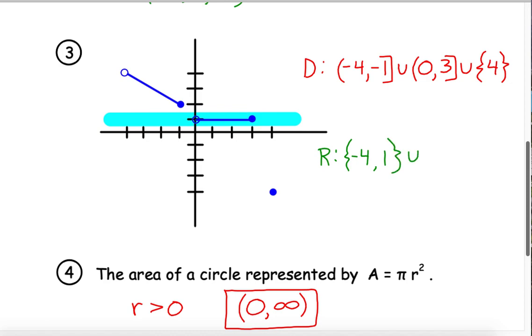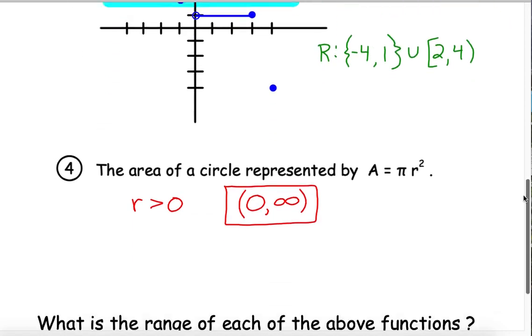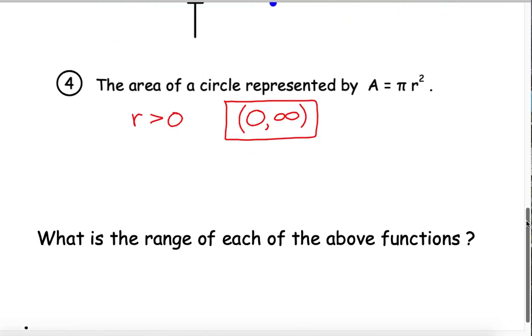And then union with, and then from y equal 2 to y equal 4, except I'll never get y equal 4 because of that open circle, but everything between 2 and 4, not including 4, but including 2. So that's an interval of values. So we're going from 2 to 4, not including the 4, but including the 2. And that's your range.